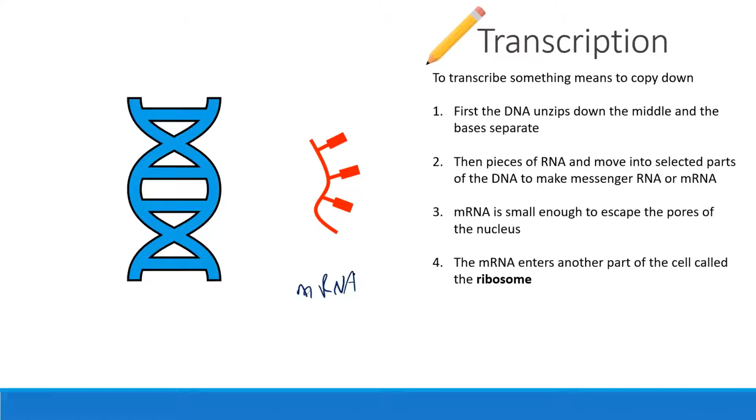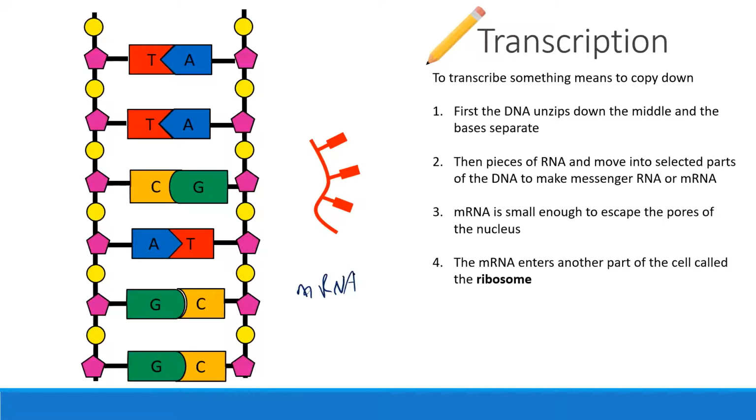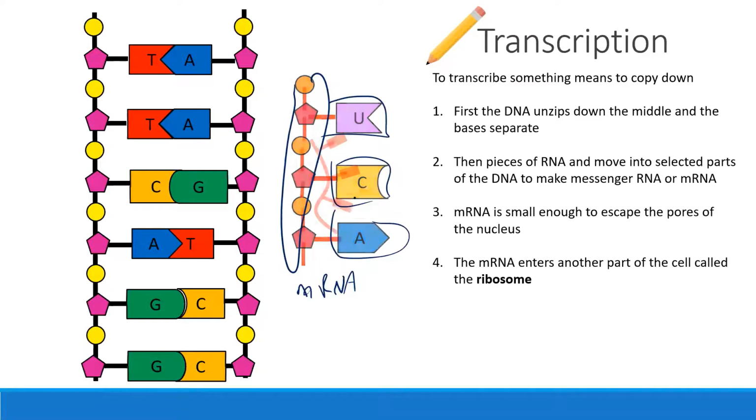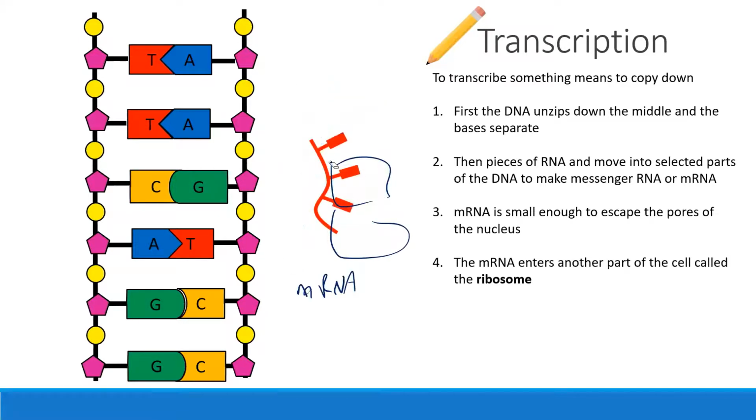Okay, let's have a look. All I'm doing is, instead of drawing this big long string with these bases, I'm drawing this string with some bases. These here at the end, those are the bases.